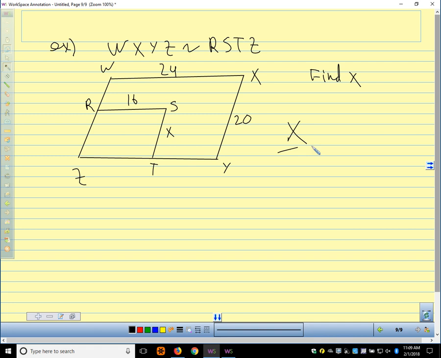That's the short side. x over 20 has to be the same as, since these are similar, 16 over 24. There's our proportion. And I cross multiply to solve this. 24x equals 20 times 16, which is 320. Divide by 24, and x is about 13.3.